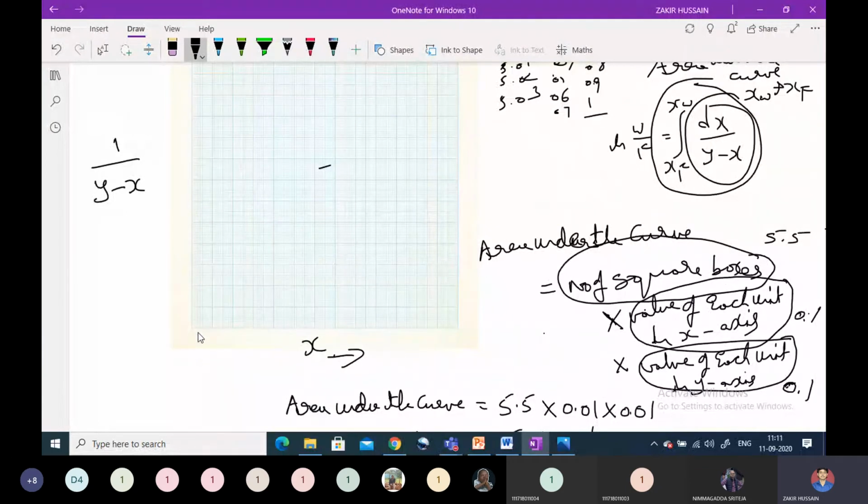Let's say this is x, and we can expand these values further. 2.5. Okay, let us try with this one.